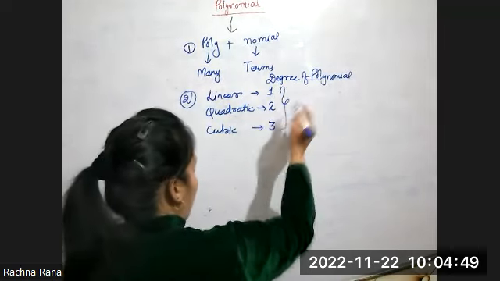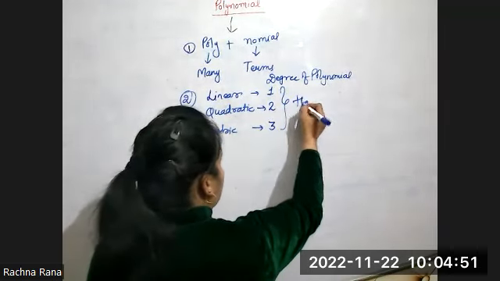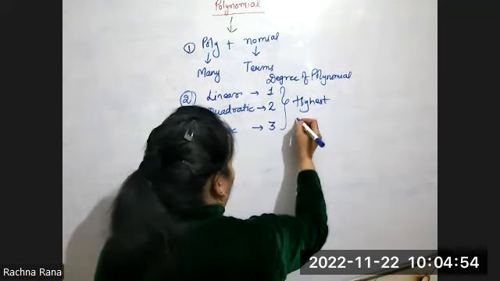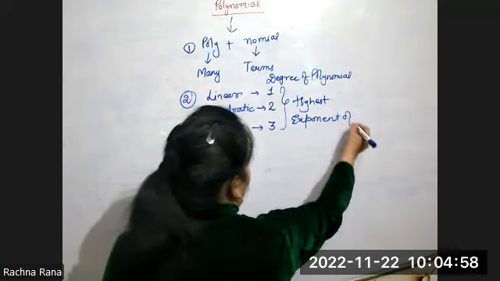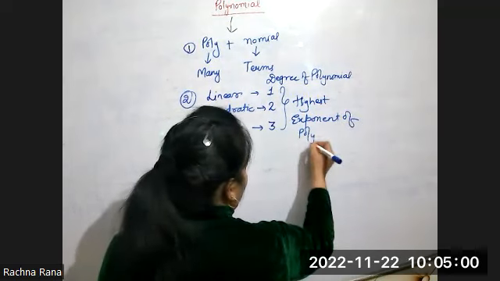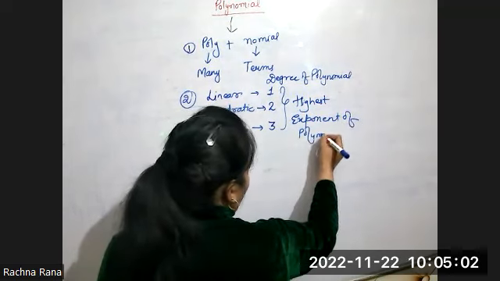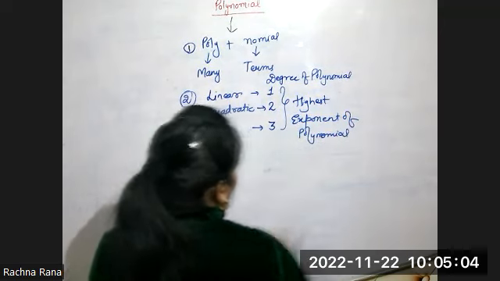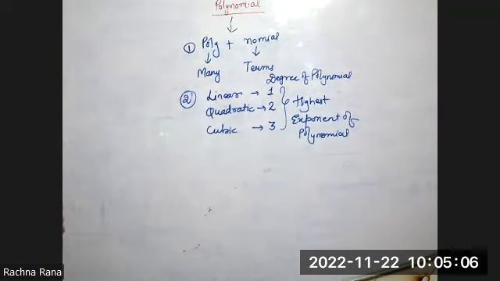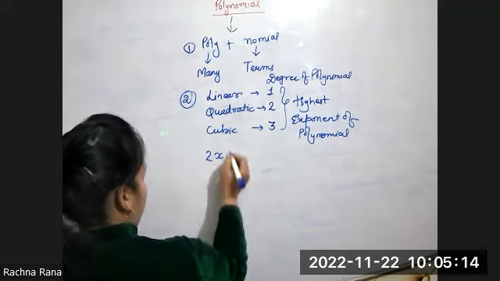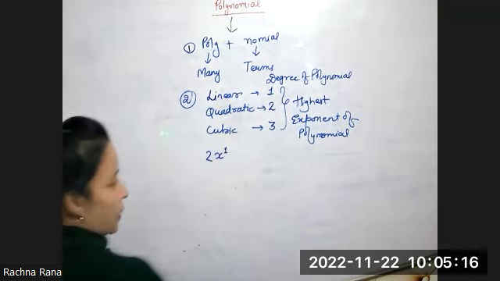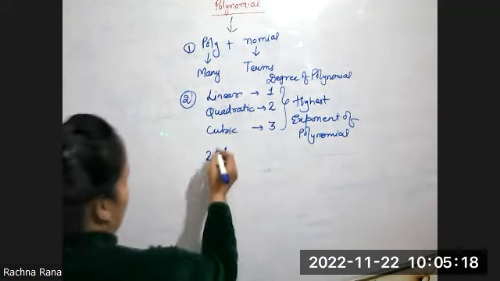And these are all called the highest exponent of the polynomial, or we can say the highest power of any variable. For example, here we take 2x. Its highest power is 1.